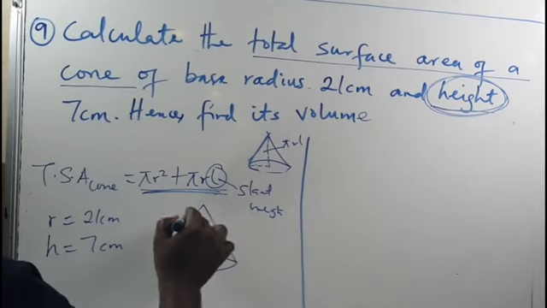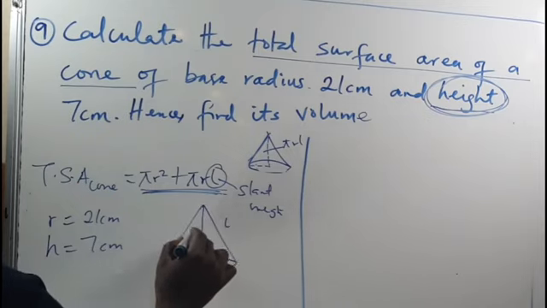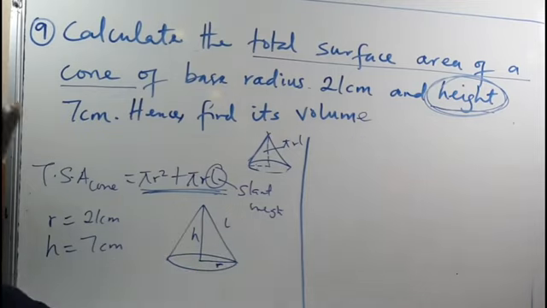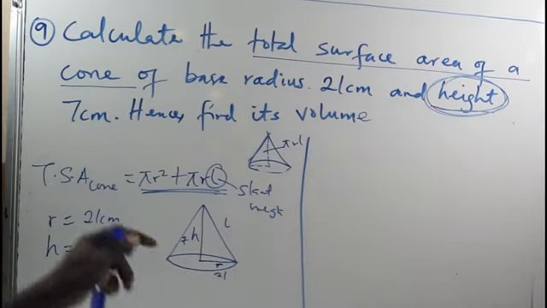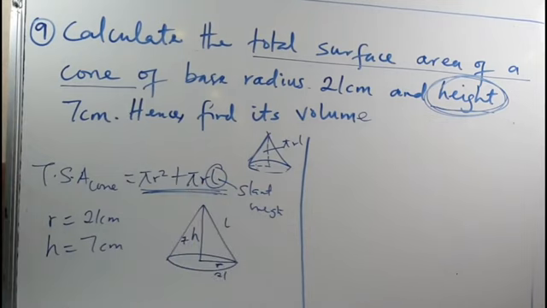This is the slant height L, this is the vertical height H, and this is the radius. We're given the height, 7, and the radius, 21. We're looking for the slant height, because without it we cannot calculate this. We must find the value of L before we can find the final answer.